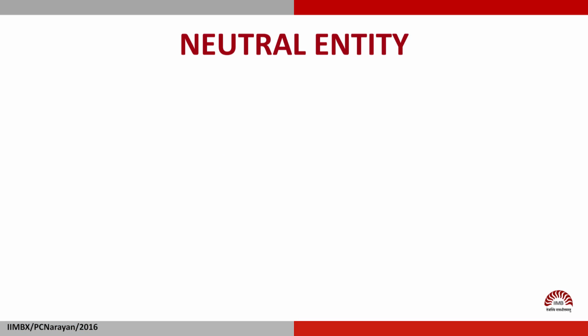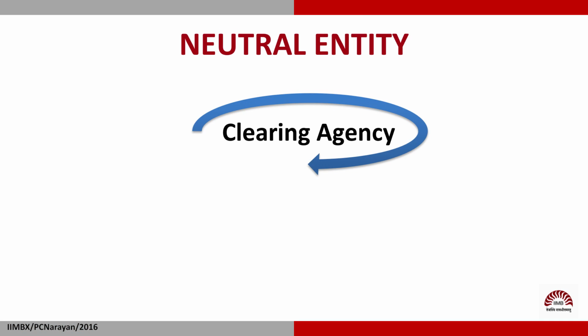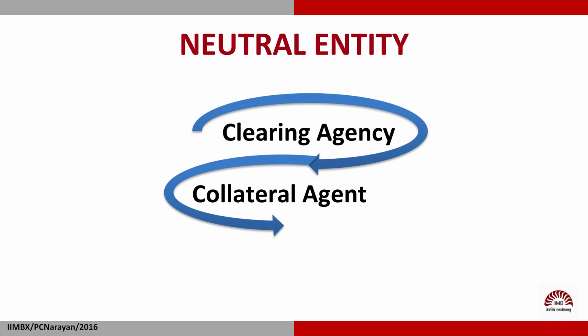This option to transfer makes the CBLO a tradable instrument and hence more flexible and effective than a term repo transaction. An underlying charge on the securities provided by the borrower for the amount borrowed is held in custody by a neutral entity such as a clearing agency or a collateral agent.